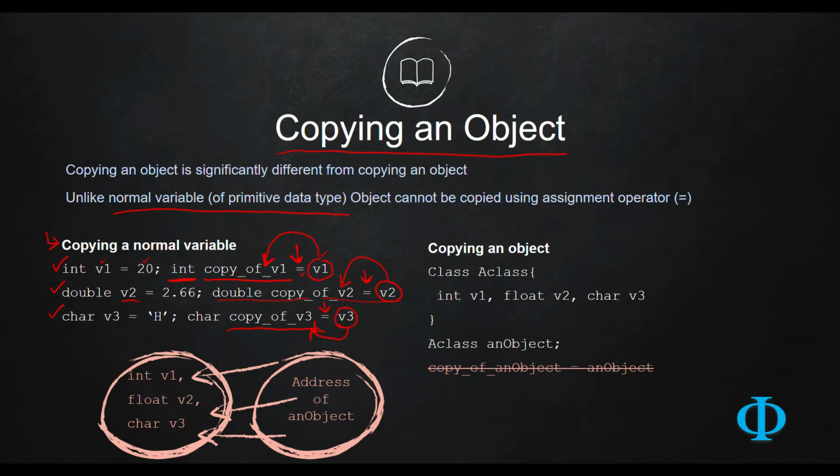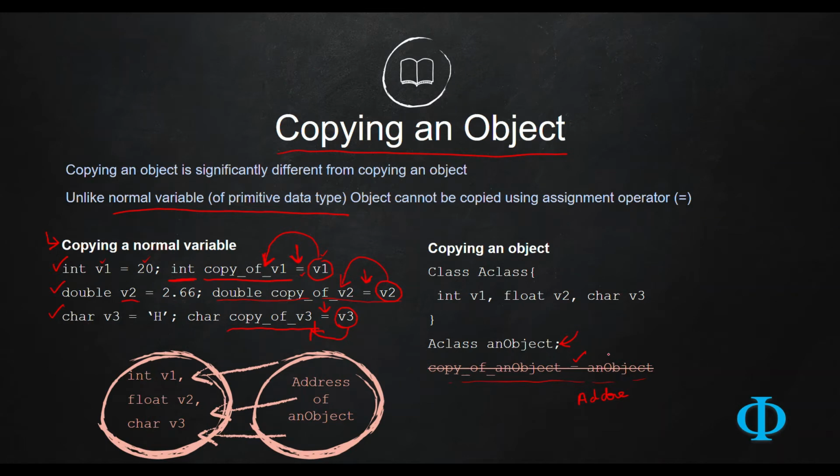But now if you use this concept to make a separate copy of an object, that won't work. When you use this assignment operator to make a copy of an object, it basically copies the address of the object.